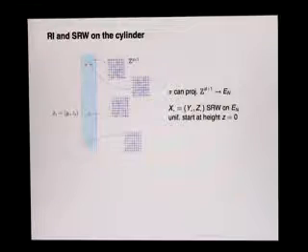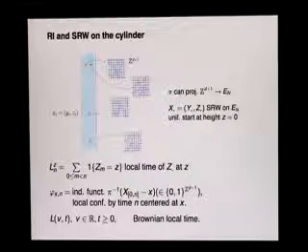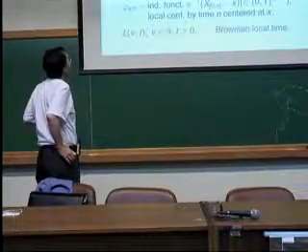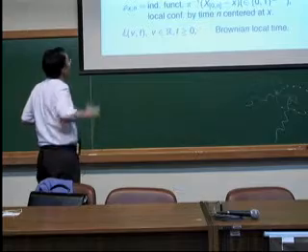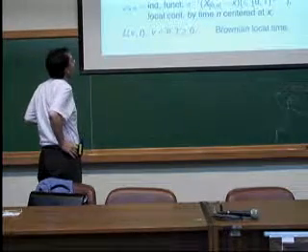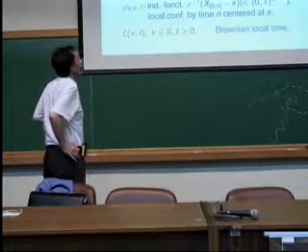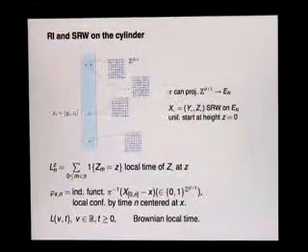And I start uniformly at level 0 on the cylinder. Now, I need to look at several quantities. There is this L_n(z). It's just the number of visits of the walk to the level z, the height z, for the vertical component. So it's the local time of the vertical component at z.